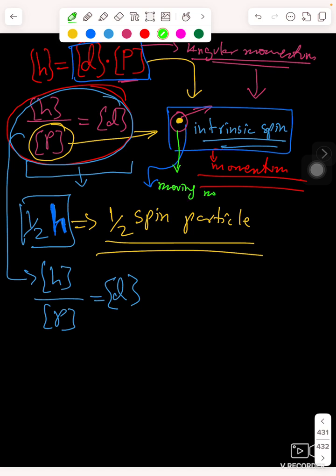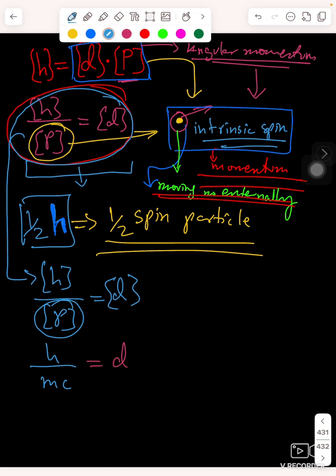Because there is no external movement, we cannot put v. So what we will do is put a c, which is a fundamental constant as well. So it becomes h over mc for momentum, equal to d, and it's the same as writing lambda is equal to h over mc.